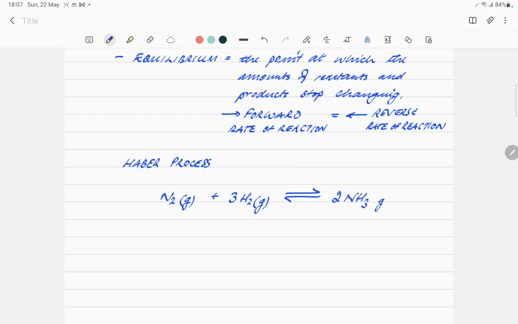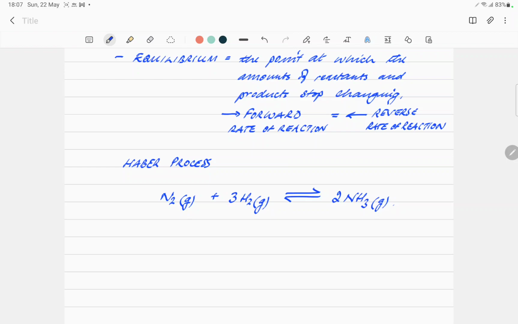And this one is also gases. There are some details of the reaction that will be given in the exam questions, which you need to know in order to understand what the equilibrium position is.